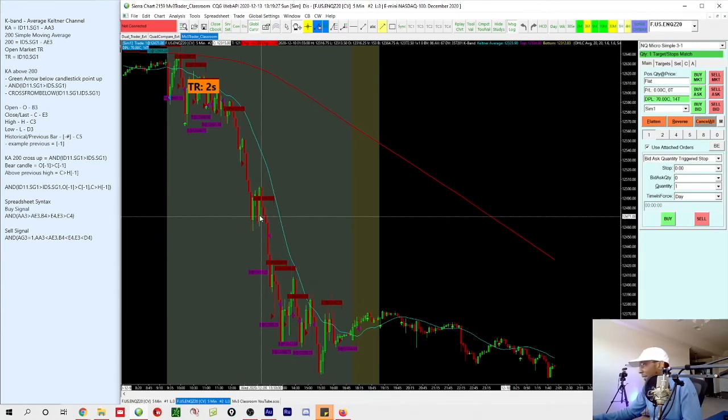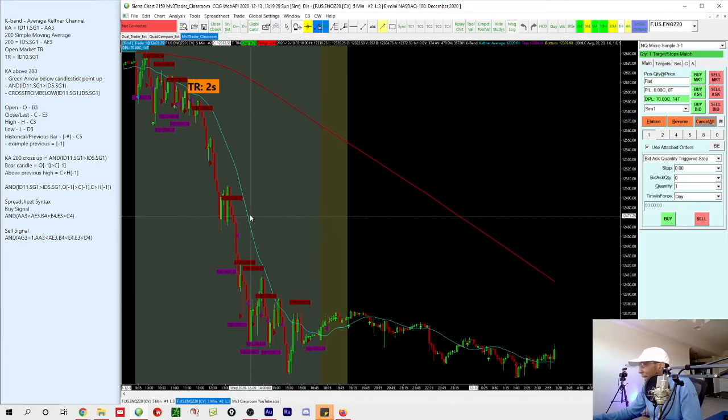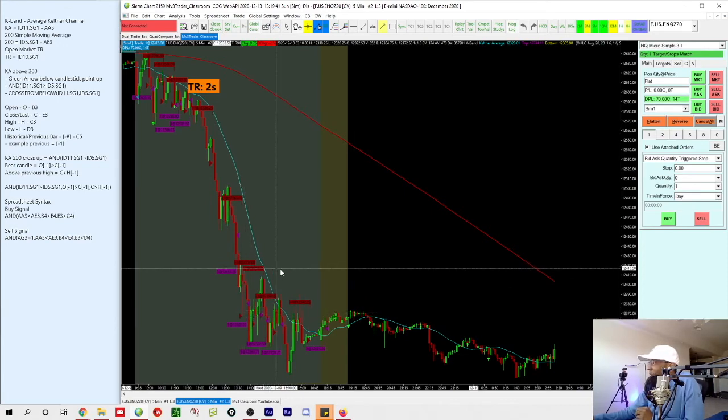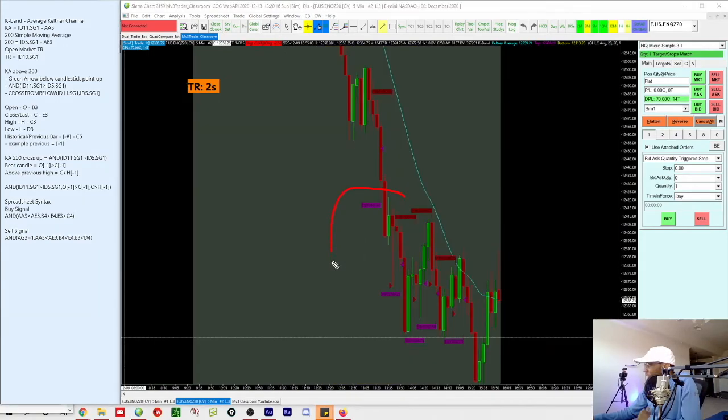Now, here's one of them. They have an order in here. So this shows where you have to take these results with a grain of salt. If we're looking at this trade right there, when this is live, my order would have actually put me into the trade right there.